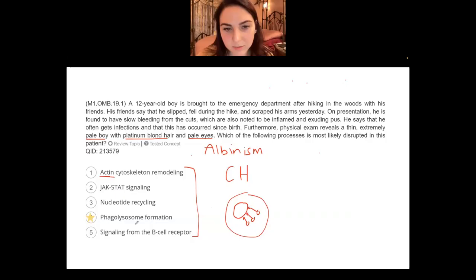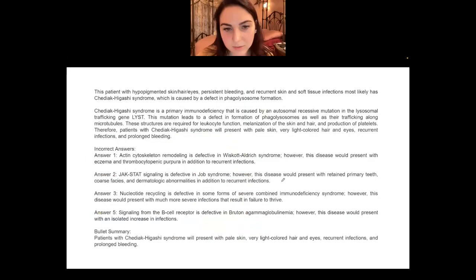So that doesn't work. You don't get phagolysosome formation, and that's why he has tons of infections. He often gets infections that have occurred since his birth. That's why these phagocytes can't kill what they're ingesting. Make sense?